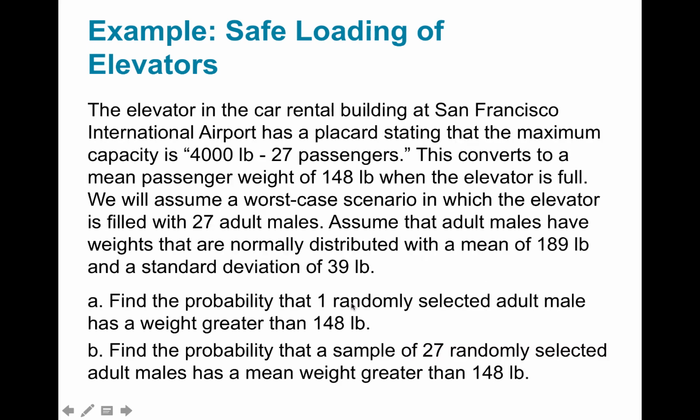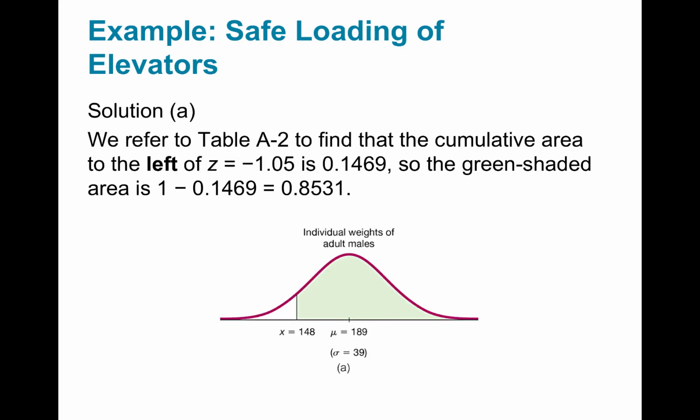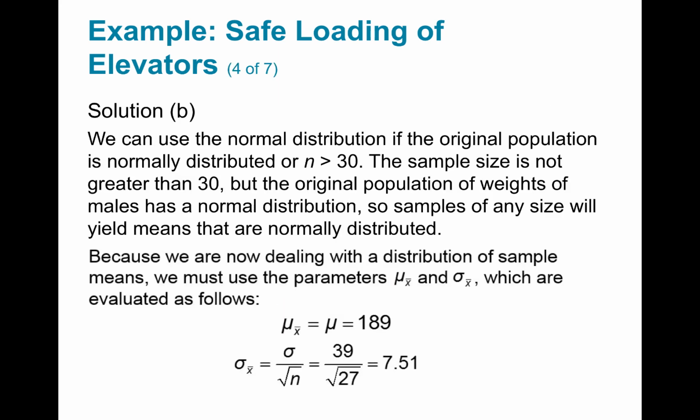Now if we look at the second problem, part B, probability that a sample of 27 randomly selected adult males has a mean greater than 148. Well, we have to check whether one of two conditions holds: the original population is normally distributed or n bigger than 30.